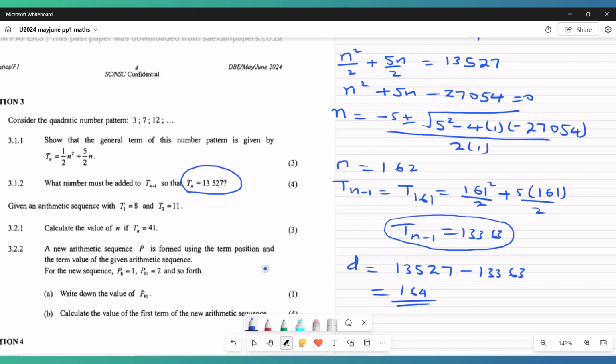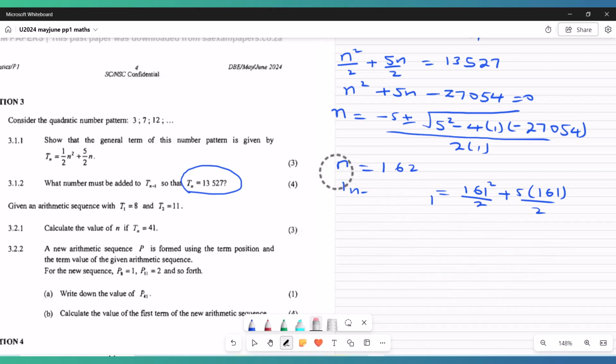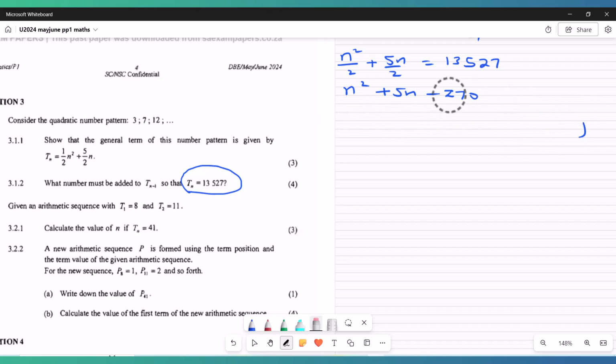Okay, next question here. That's question 3.2.1. What must I do? What do they want us to do?